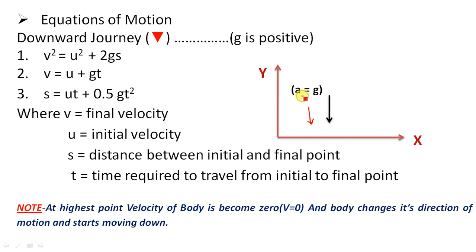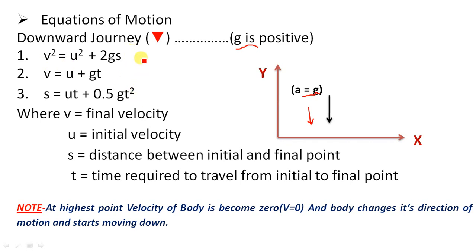Therefore here a is equal to plus g. Here I have written g is positive because displacement and g are both in the same direction. In the previous case both had opposite directions, therefore g was negative. So your equations become like this.